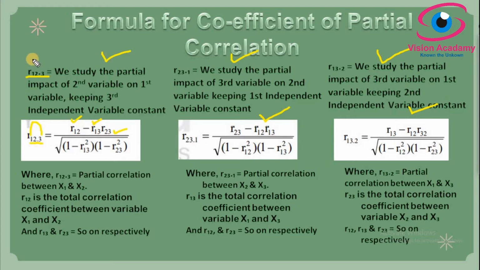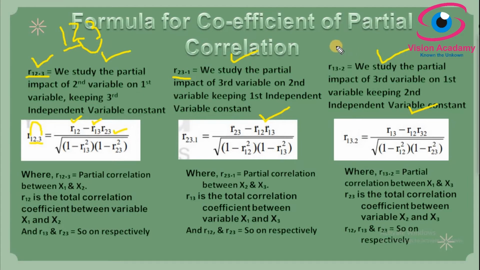Firstly, you need to define the possible combinations using 3 variables, that is 1, 2, 3. For the first option, I have considered 1 and 2 and put a dot, so 12.3. For the second option, we have considered the second and third and kept the first one outside, so 23.1 is the second combination.